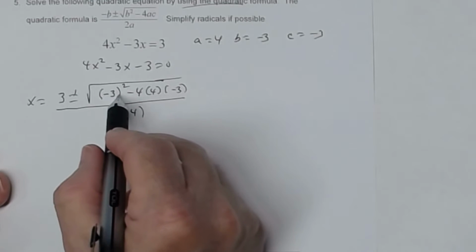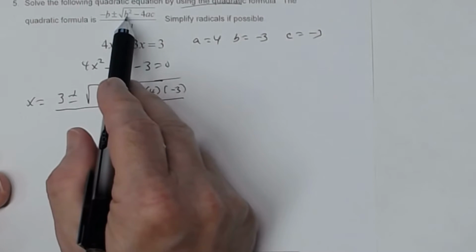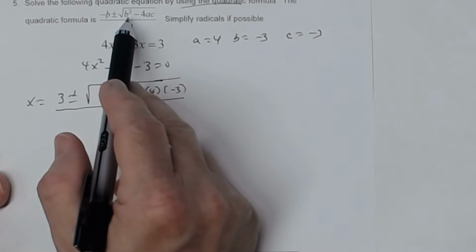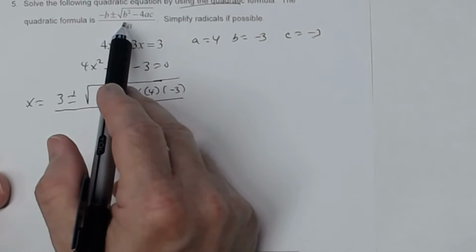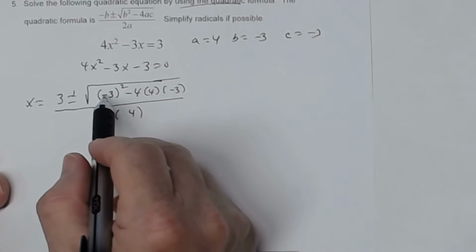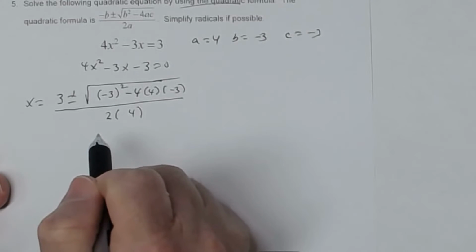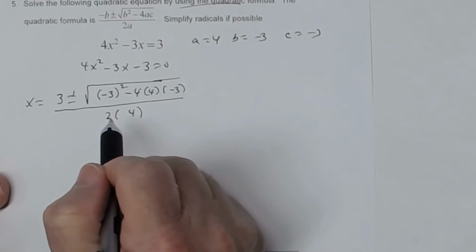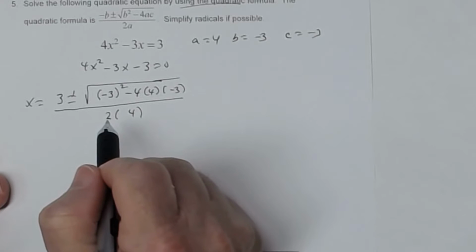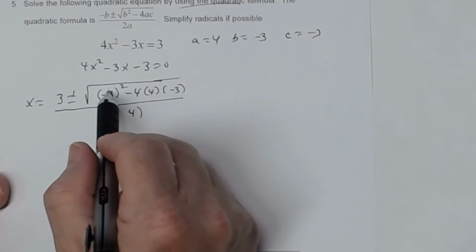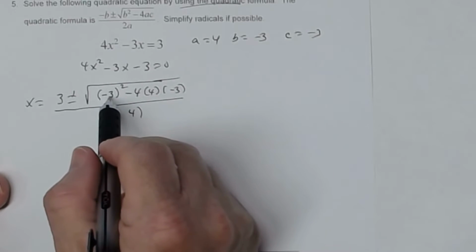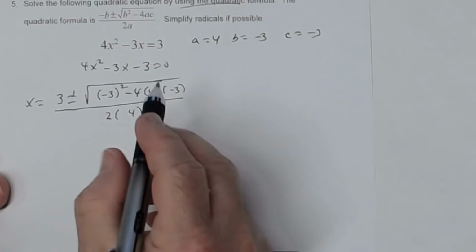And remember, b squared is never negative. So if you put negative 3 squared in your calculator and you got a negative 9, that's incorrect. B squared is never ever negative. So when we square negative 3, we get a positive 9, not a negative 9.